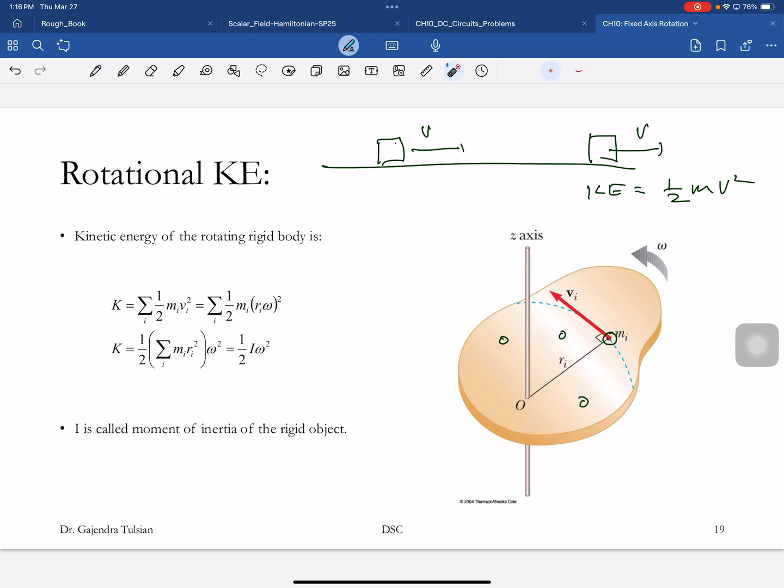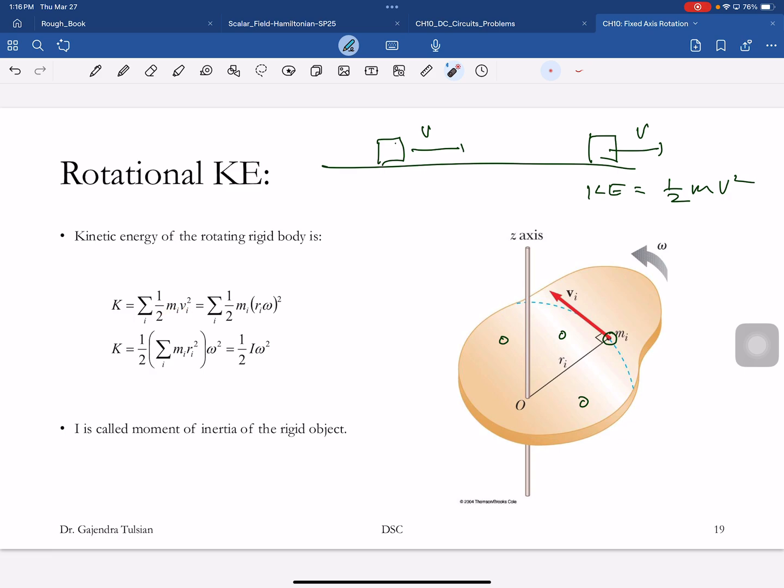The kinetic energy is that of this piece plus this piece plus this piece, and you know infinite sums. No big deal. So the kinetic energy of the entire object is the kinetic energy of the little pieces summed over all the little pieces.